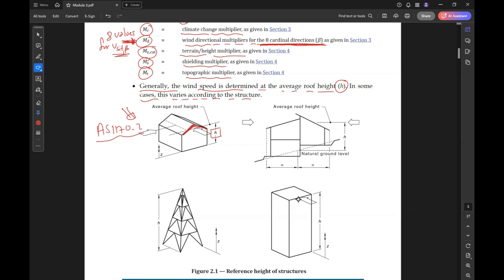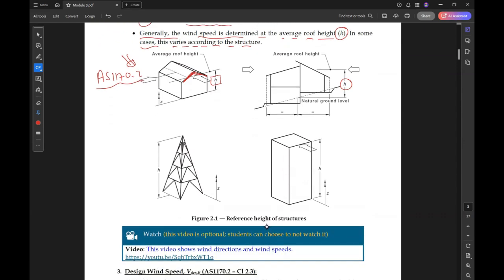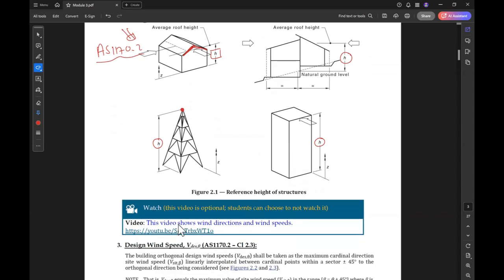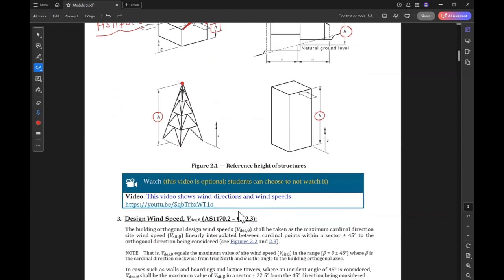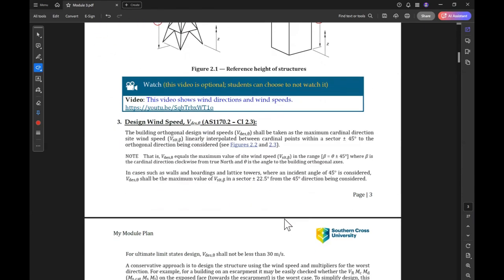And here is how to find H if it is on a slope. And here H for a tower is up to the highest point. And if the building is regular, this is H. This video also shows the wind direction and the wind speed, so you can have a look at this one.